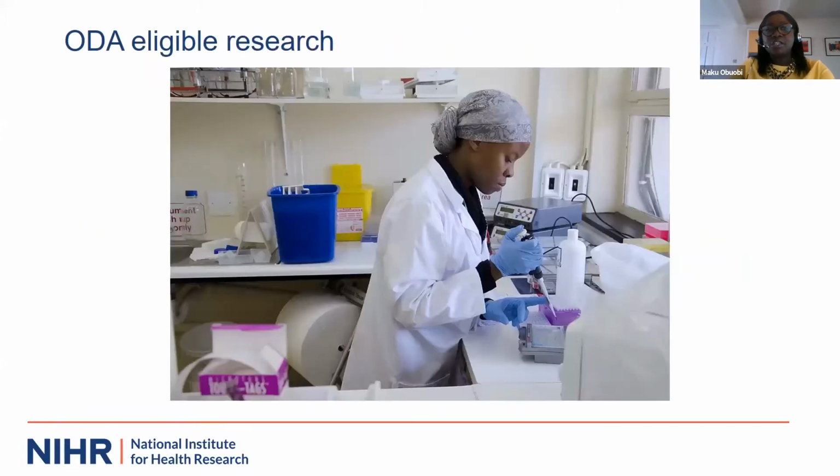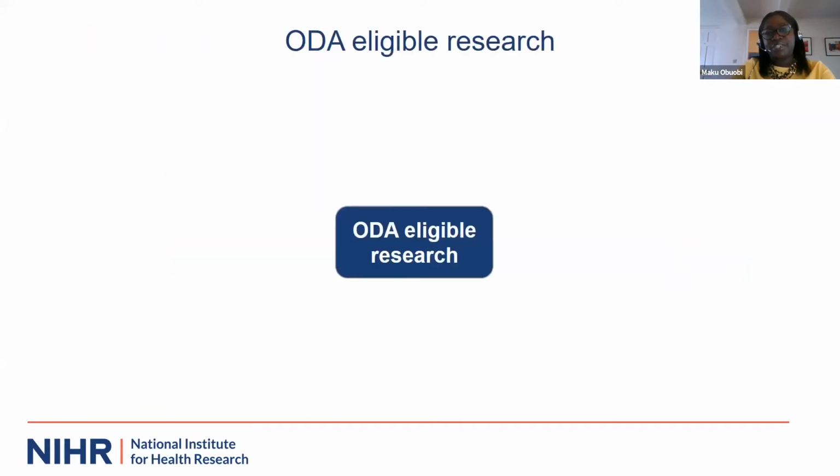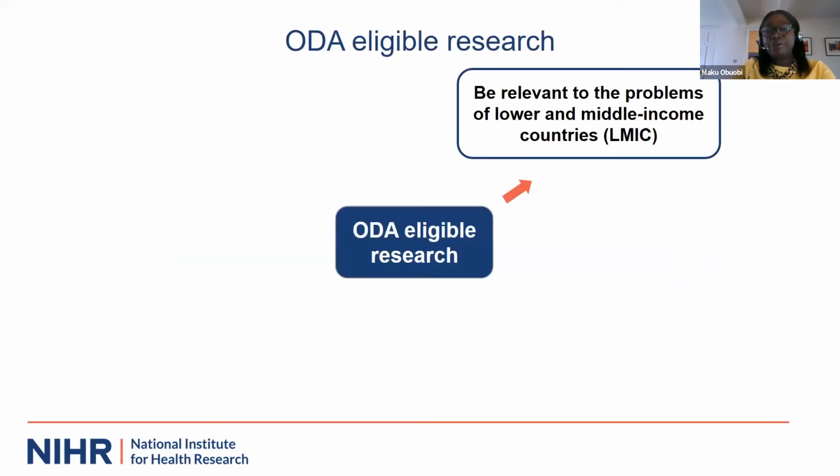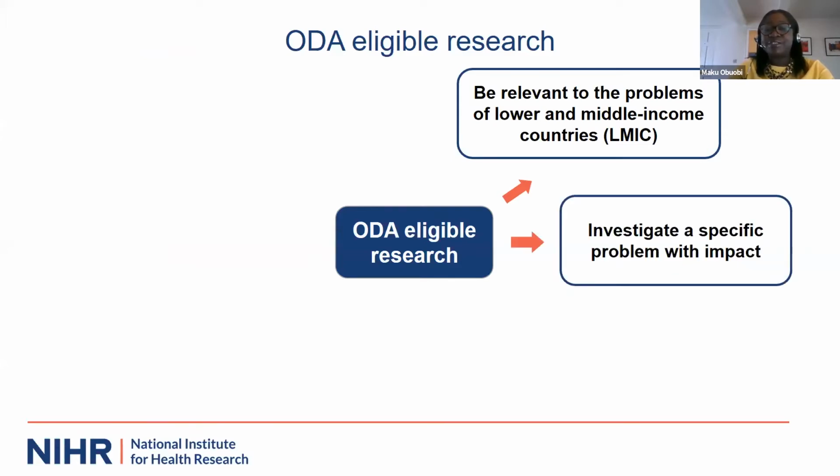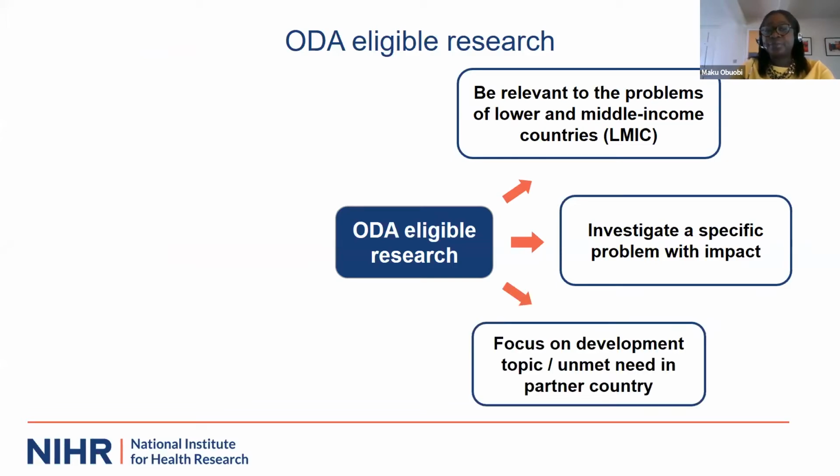Right. So what is ODA eligible research? Only research directly and primarily relevant to the problems of lower and middle income countries may be counted as ODA. Research should investigate a specific problem or seek a specific outcome which will impact on developing countries in the immediate or longer term. Research proposals can focus on a development topic or address an unmet capacity need in the partner country.